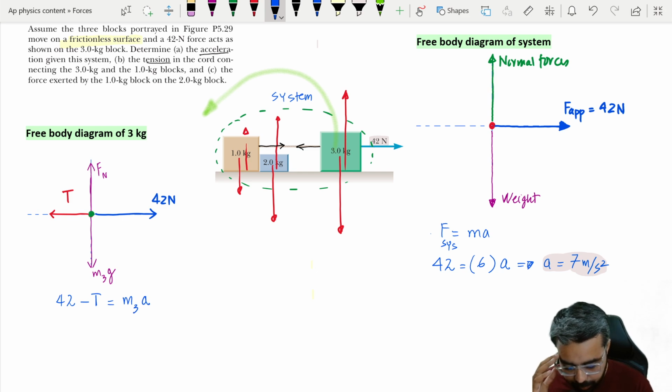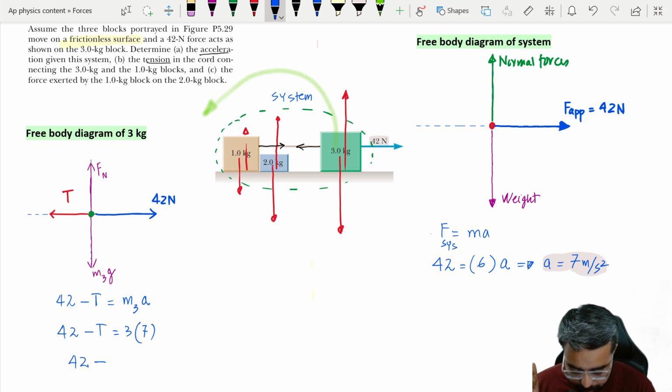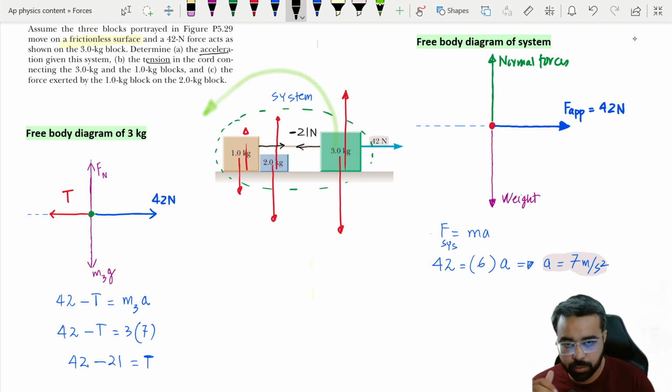We want to find the tension, so 42 minus T equals 3 into 7, and 42 minus 21 equals the magnitude of tension, which is 21 Newton. In this direction I can call it negative because it is toward the left, but on the other side it is positive 21 Newton. So the magnitude of the tension is 21 Newton.